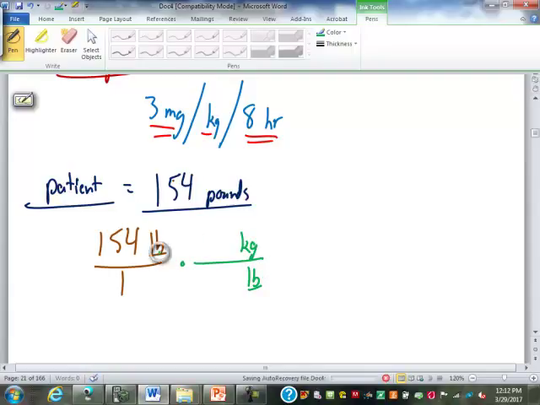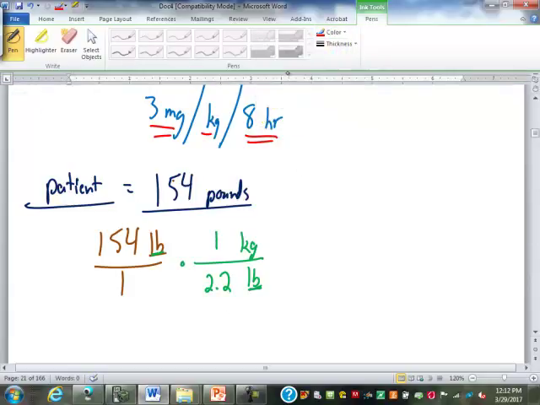We're getting rid of pounds. They're on top, so we're going to put them on bottom so they cancel out. 1 kilogram equals 2.2 pounds. Now, some textbooks say 2.208, some say 2.21. For our purposes, it is close enough. It's exact enough to just use 2.2.